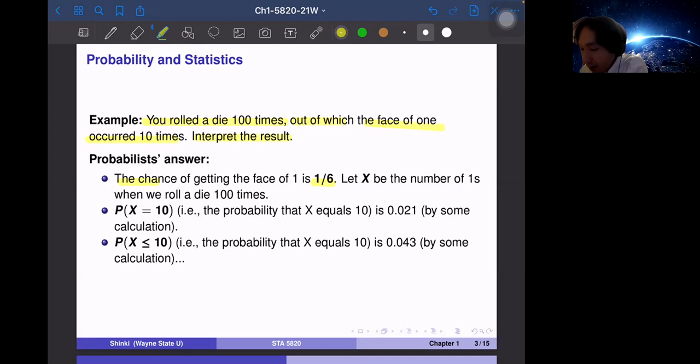On average, you get maybe 16 or 17 times. The probability that you have exactly 10 ones is equal to 0.021. If you think about the probability of X less than or equal to 10, that probability is 0.043. So we got a kind of rare event. This is the way probabilists think about rolling dice.